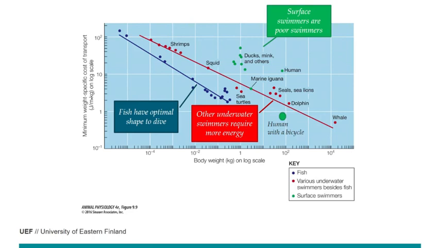Of course, when you are driving a bicycle underwater, that's very slow. But when you are driving on a landscape, you can drive very fast. So we should increase our body functions quite drastically to be as good swimmers as fish.